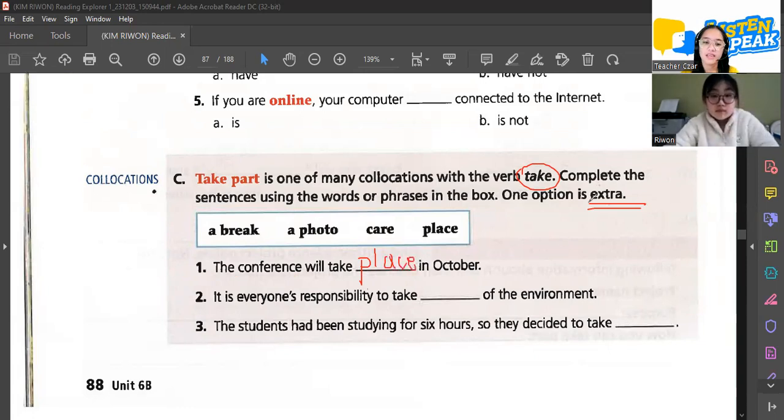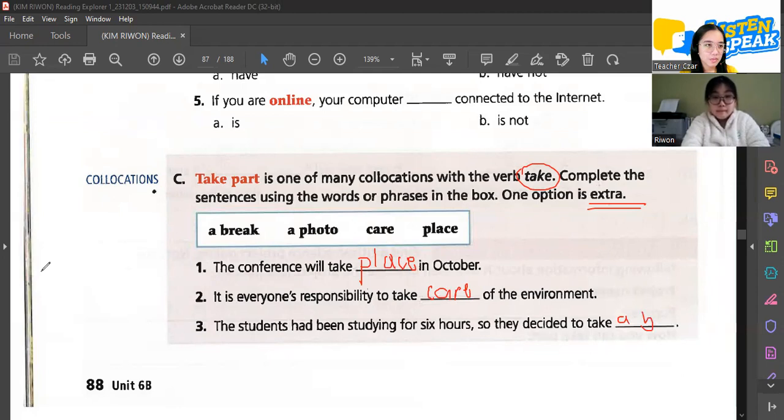Now, how about number two? It is everyone's responsibility to take care of the environment. Okay, very good. Last one. The students have been studying for 6 hours, so they decided to take a break. Okay, a break. Very good.